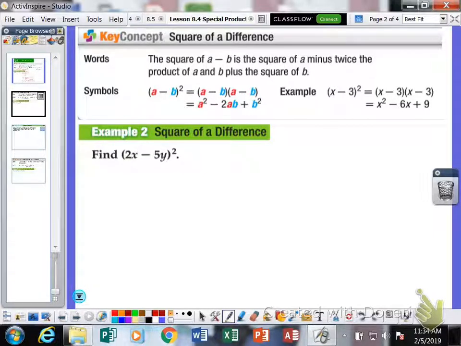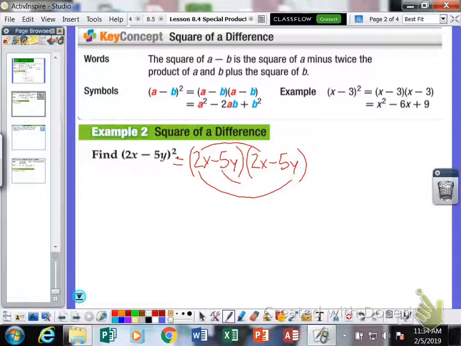So let's look at another example of a square of a difference. We have 2x minus 5y, squared. I want to rewrite this as 2x minus 5y times 2x minus 5y. So now we solve, again using our FOIL method.